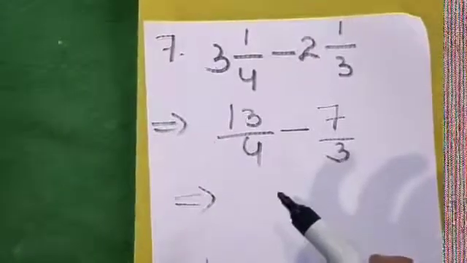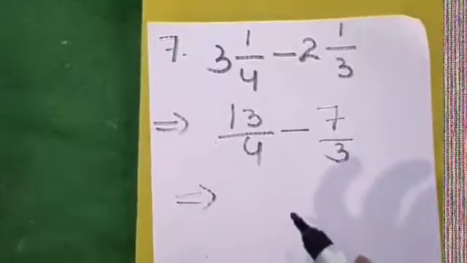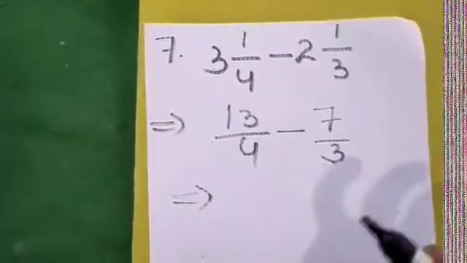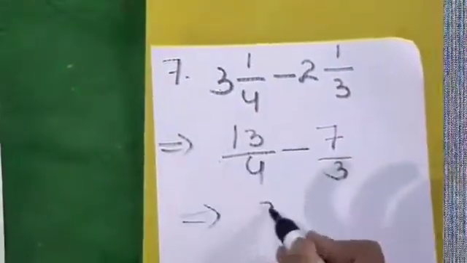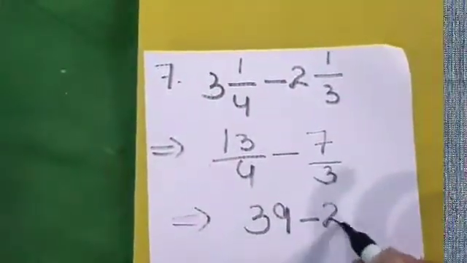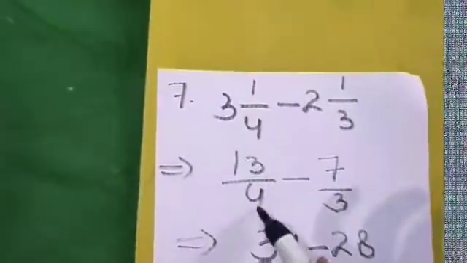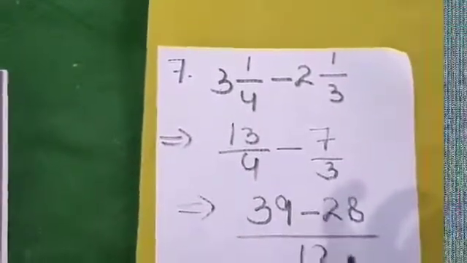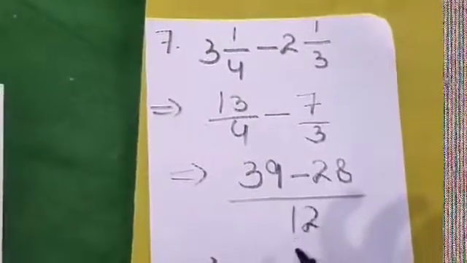In these fractions the denominators are different, so we will cross multiply these two fractions to find the answer. 13 times 3 is 39, subtract 7 times 4 is 28, and now we have to multiply the denominators. 4 times 3 is 12, the denominator is 12.